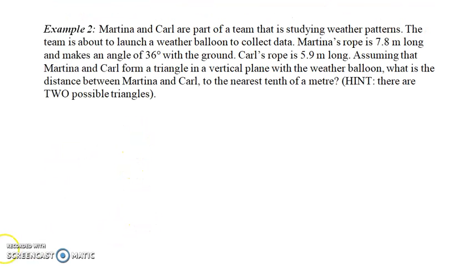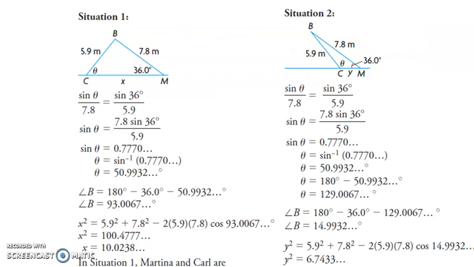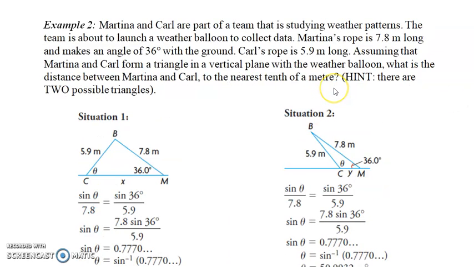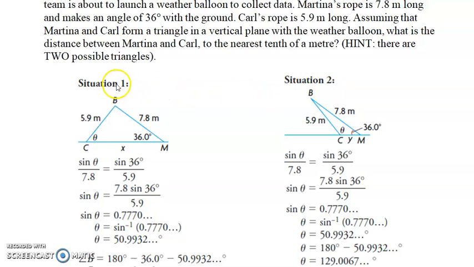Okay? And that's it for this. Just a second, I'll grab that information from the previous video. So there are the two scenarios from Martina and Carl again. We could have some people in the class drawing it this way, and some people in the class drawing it the other way. And both scenarios would work.